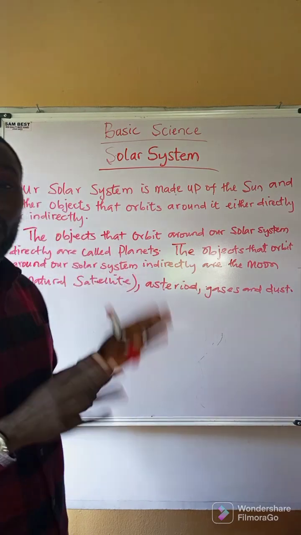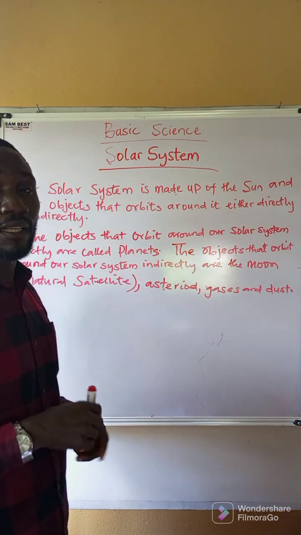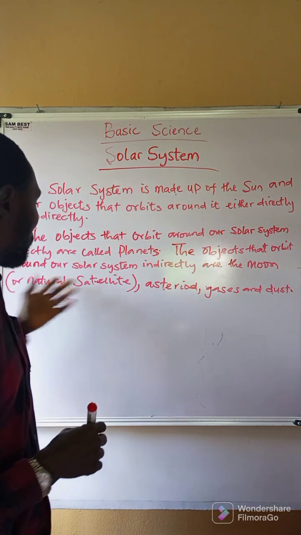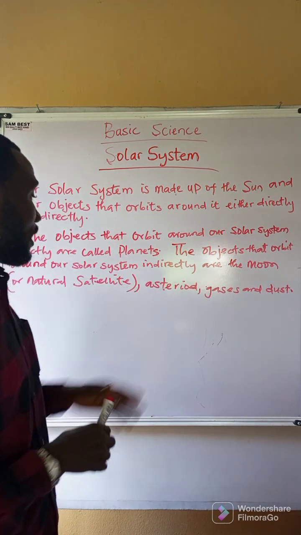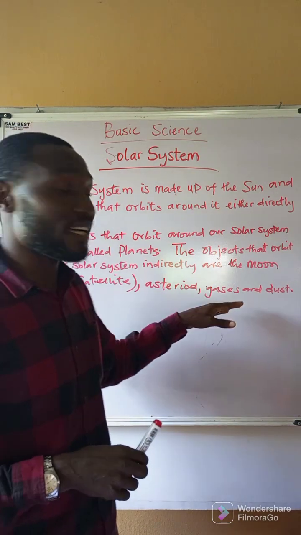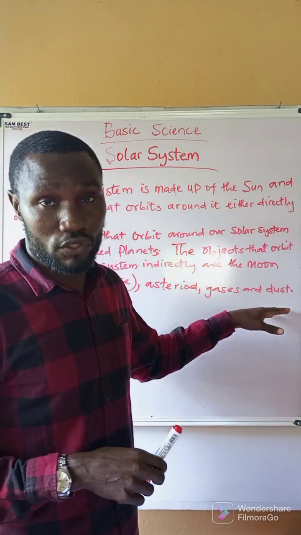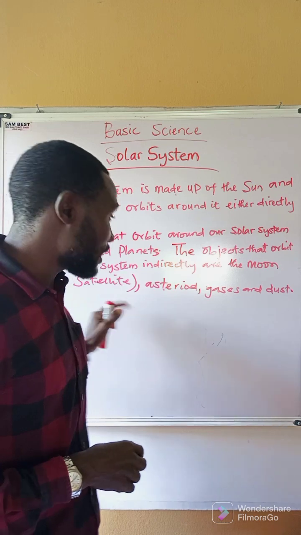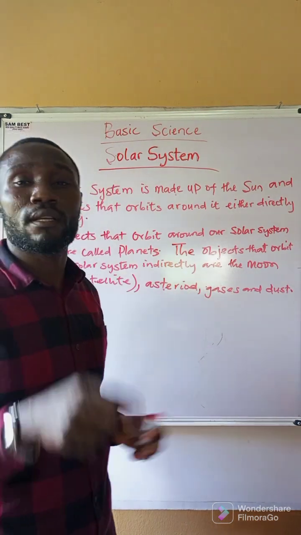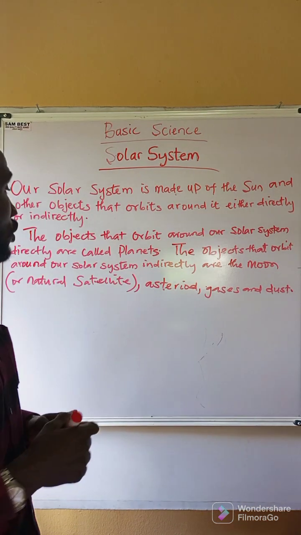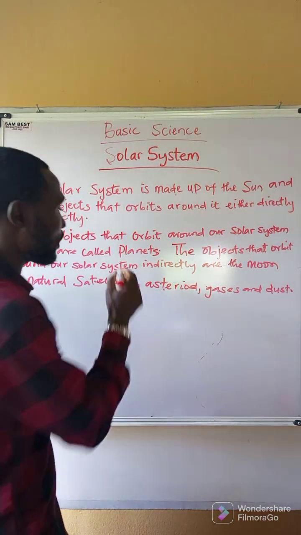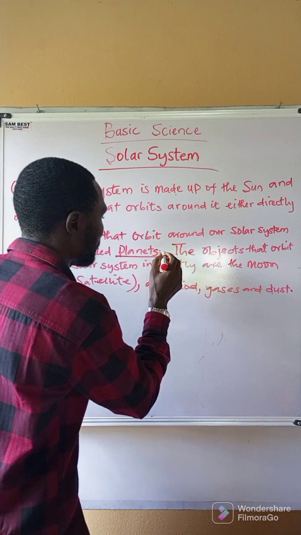And the objects that orbit around the sun indirectly are known as the moon, which is our natural satellite. We have the asteroids, we have gases, and dust. These are the objects that orbit around the solar system or the sun indirectly. So our focus is we're going to talk about the planets.